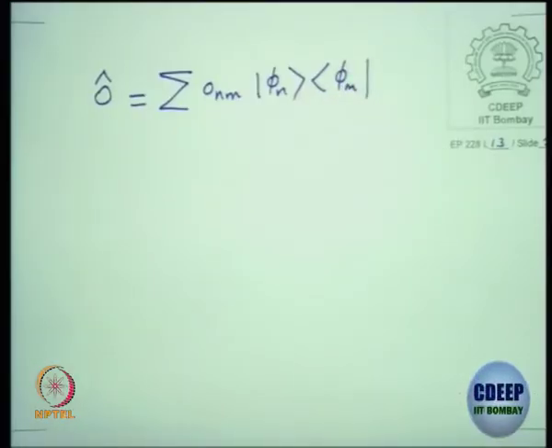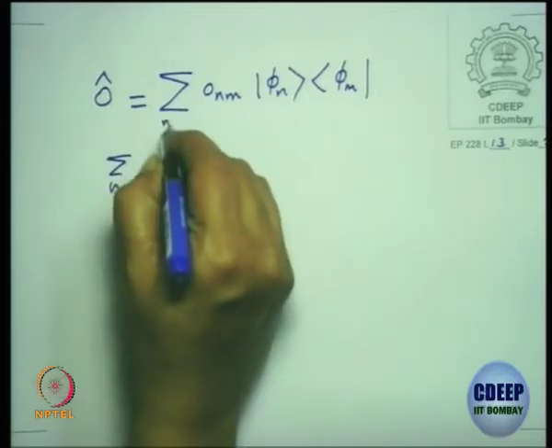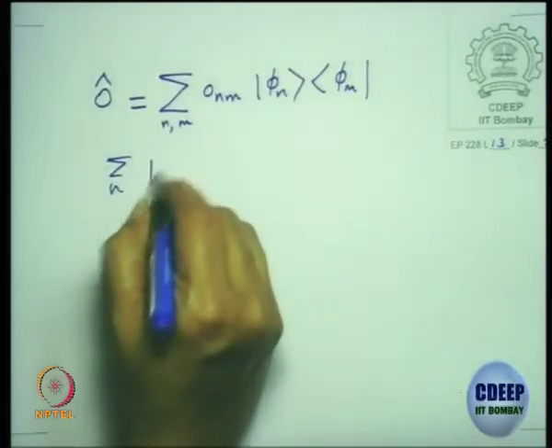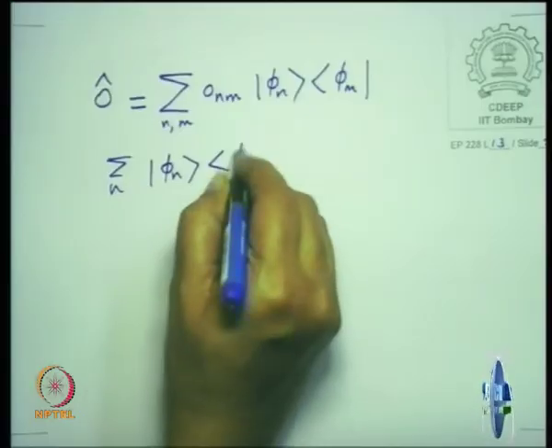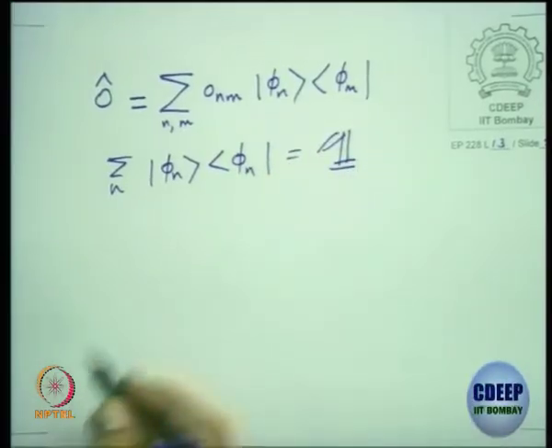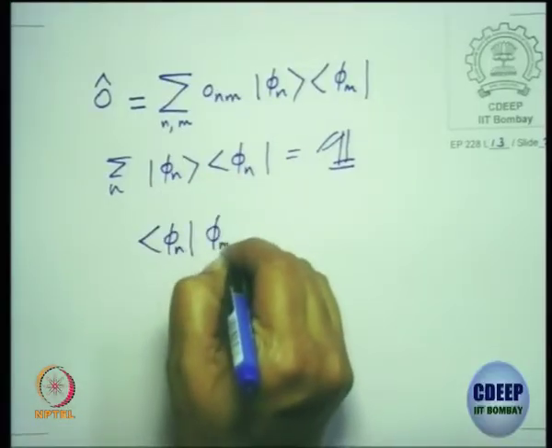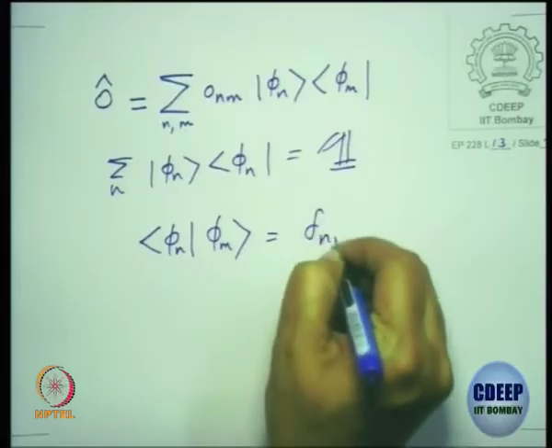These are the complete set of bases. What do we mean by a complete set of bases? The summation over n of |phi_n><phi_n| is an identity operator, and for convenience we use them to be orthonormal also, <phi_n|phi_m> equal to delta_nm.